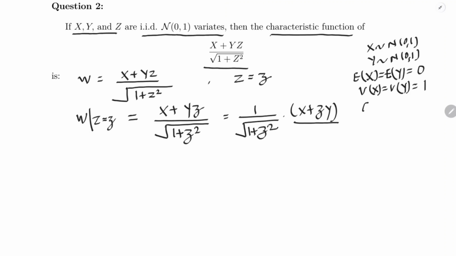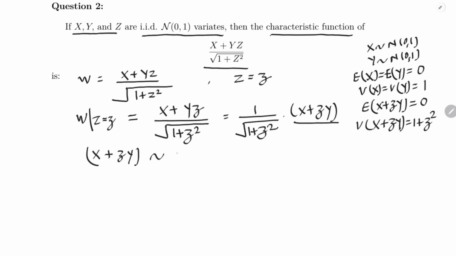Now the expected value of X plus zY will also be 0, because X and Y are both normal variates. And the variance of X plus zY will be equal to 1 plus z squared. So we can say that X plus z times Y follows a normal distribution with mean 0 and variance 1 plus z squared.